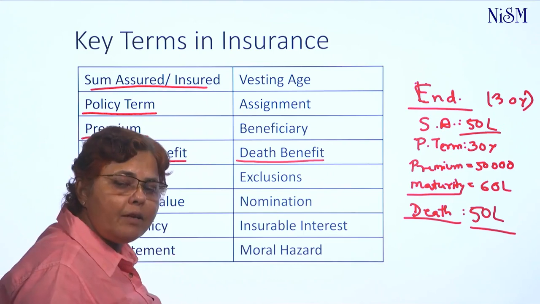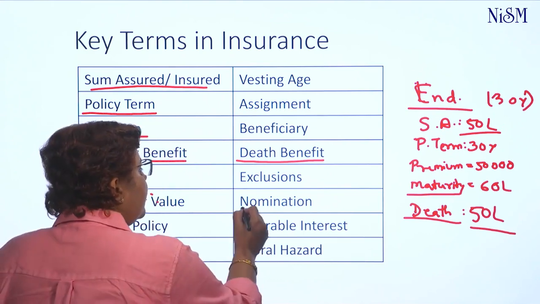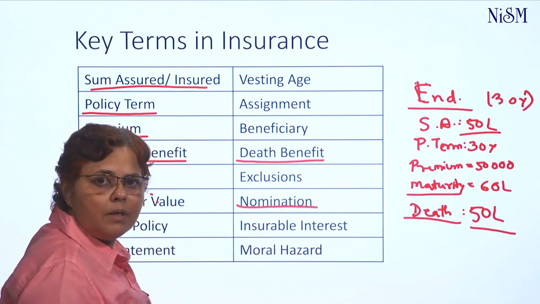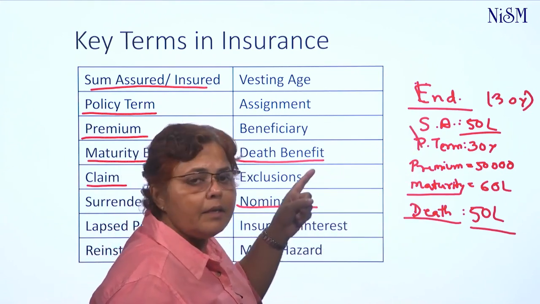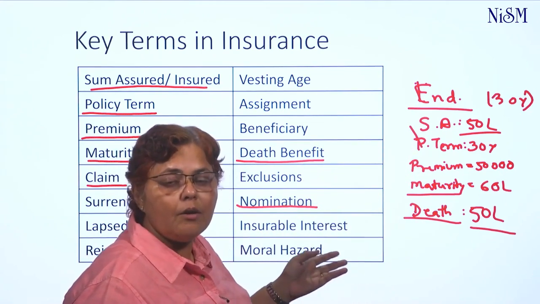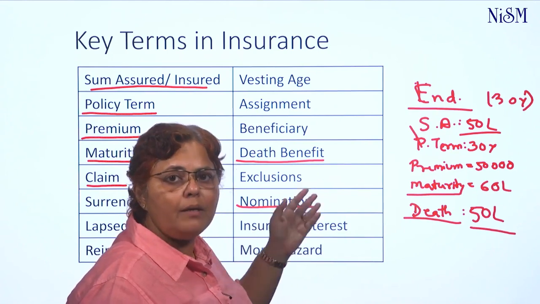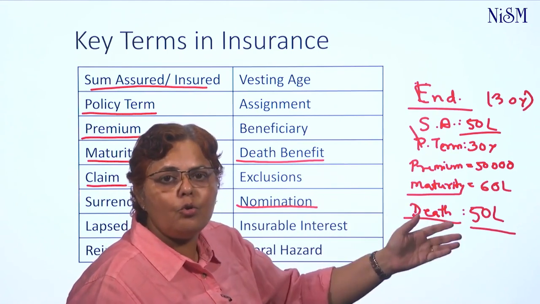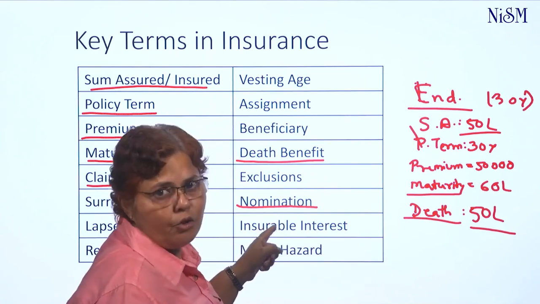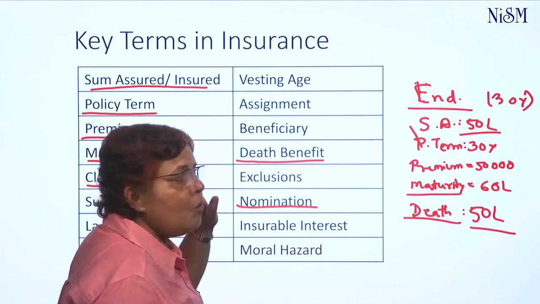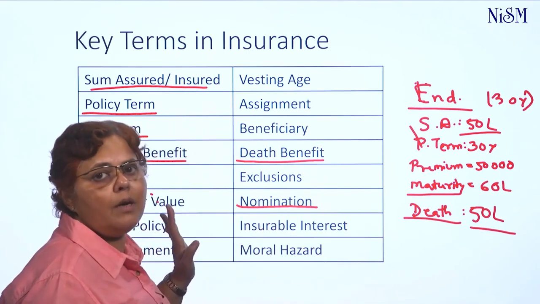To whom will the money go? The money will go to the nominee, because when he has taken the policy, he has told the company that if something happens to me, 50 lakhs should go to my wife or to my child. So that is nomination. These are the most important aspects of a policy.